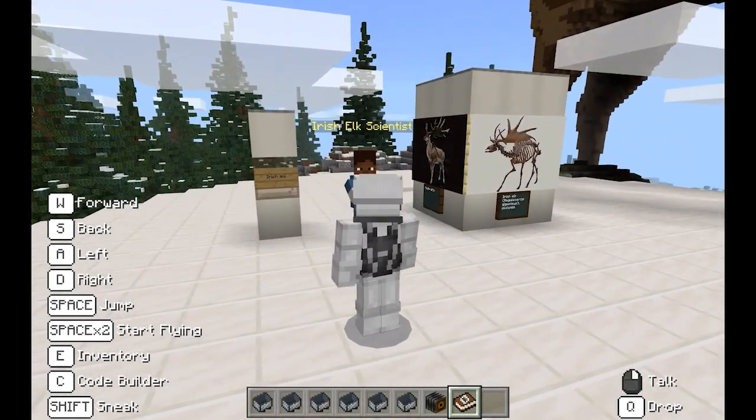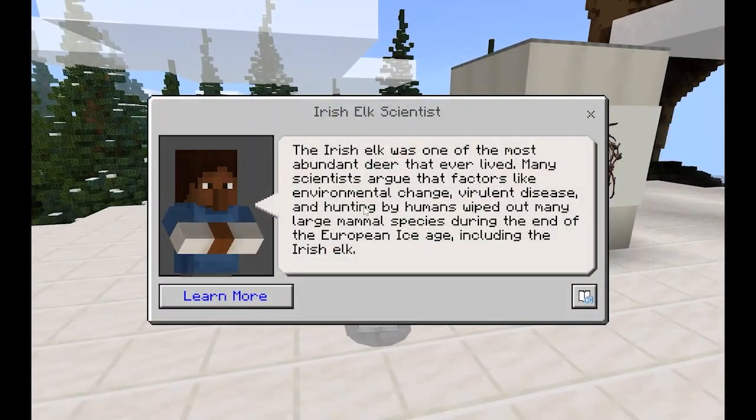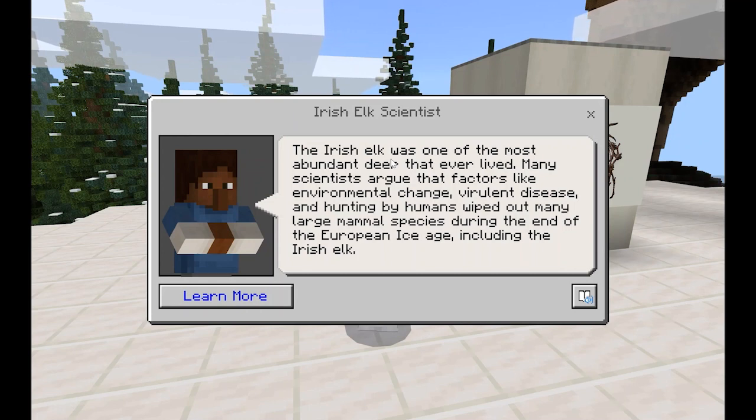It's an Irish elk. Let's talk to the scientist. The Irish elk was one of the most abundant deer that ever lived. Many scientists argue that factors like environmental change, virulent disease, and hunting by humans wiped out many large mammal species during the European Ice Age, including the Irish elk.